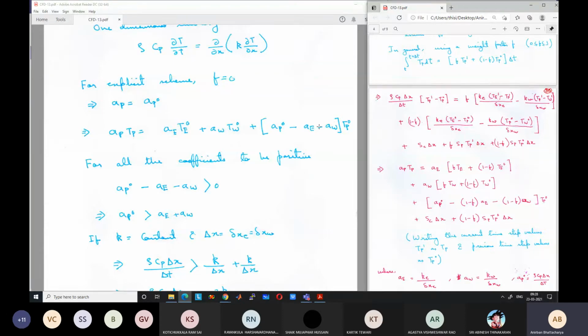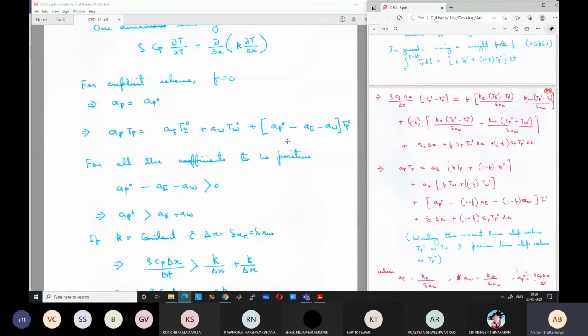If the previous time step temperature was higher, the current time step temperature should also be higher. Why should it decrease? It does not make any sense because there is no source term also. So to make it positive, AP0 minus AE minus AW has to be greater than 0, or AP0 has to be greater than AE plus AW.